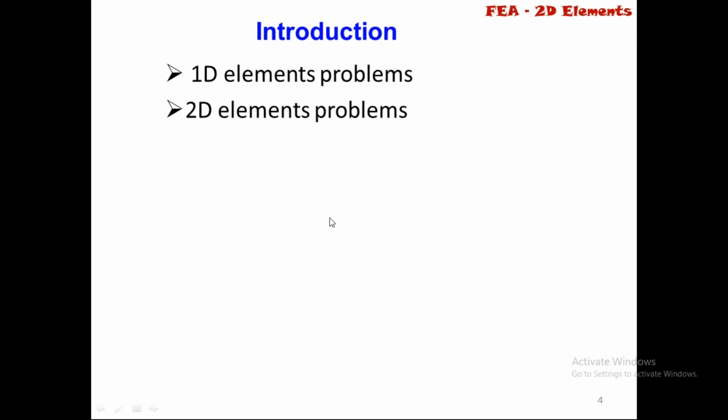Okay. In a 2D element, what is the minimum number of nodes? How many can there be, minimum number of nodes in 2D elements? Yes, correct. Rahul Mahajan wrote 2.